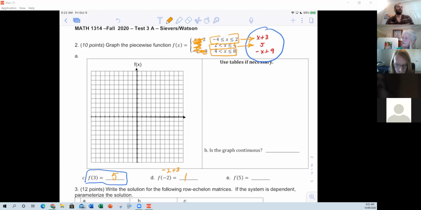And then what interval does 5 fall in? That would be the third one. Right. So on your test, you would say -5 + 9 is 4. And that's it. So you just figure out what interval the number falls in and then plug it into the equation that goes with that interval.